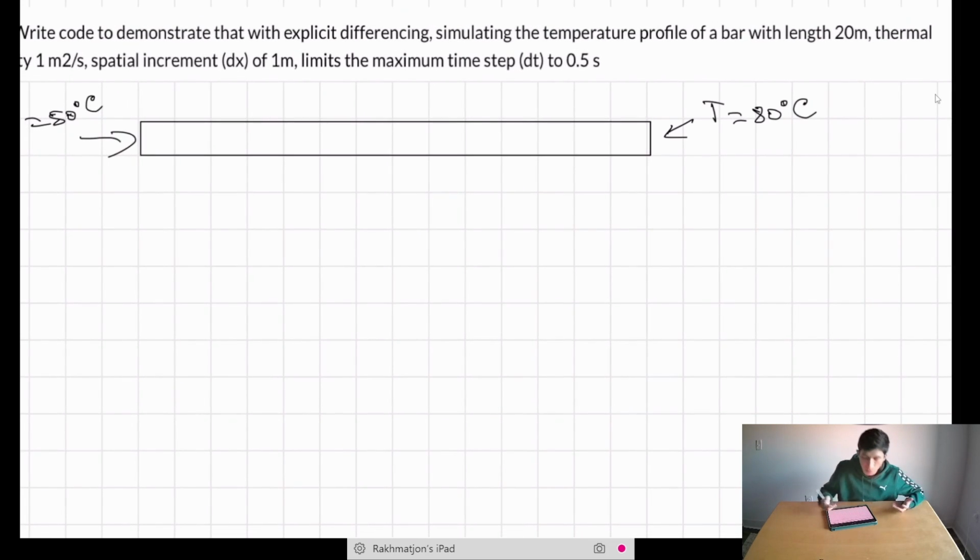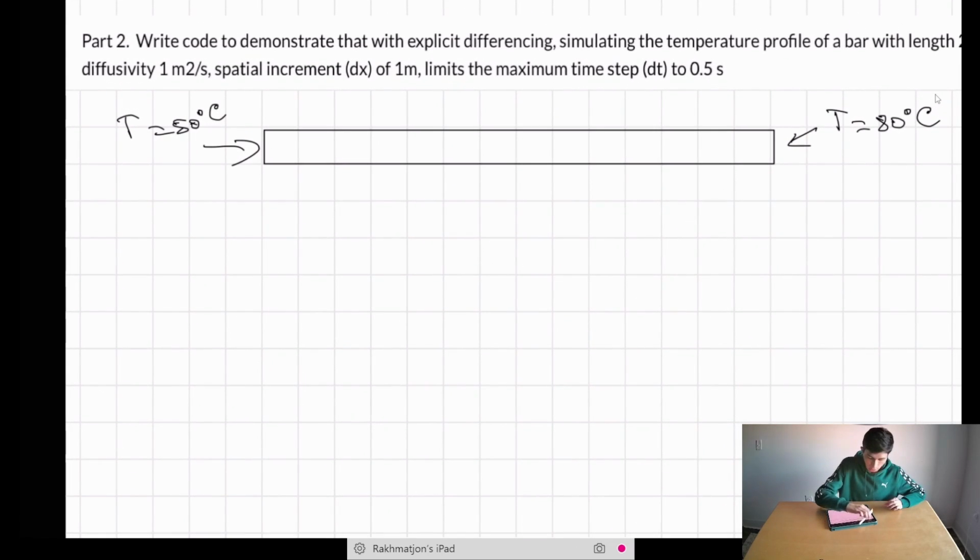And the temperatures in between, let's say they're at 20 degrees Celsius. Okay, because of the thermal diffusivity, the temperatures in between are going to change, right? So we want to plot and simulate how the temperatures are going to change in between.